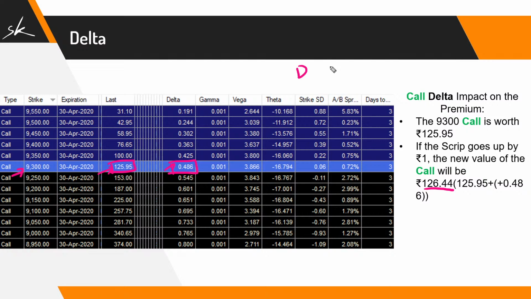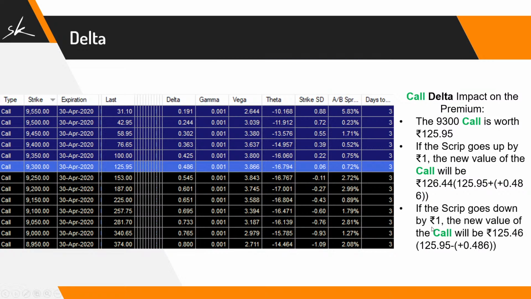So when we talked about delta, we said delta is basically the effect of direction. So you can see when it goes in a certain direction, I'm not getting that complete 1 rupee participation. I'm only getting 48 paise participation, which will increase the option value to 126.44. Now, similarly, if the script goes down by 1 rupee, again the option value will not go down by 1 rupee.